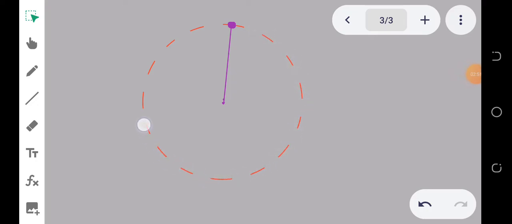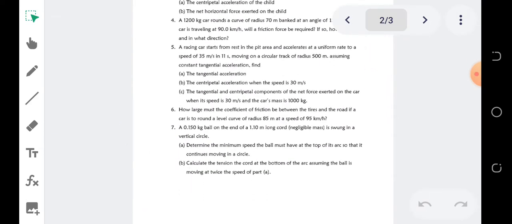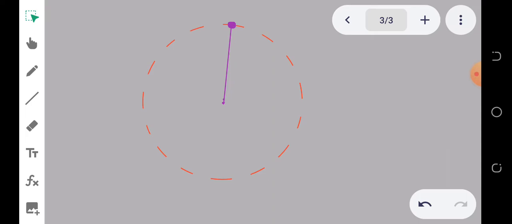That means, due to the centripetal acceleration, the question is trying to say we should determine the minimum speed the ball must have at the top of its arc so that it continues moving in a circle. The minimum speed at the top will be due to the tension force in the string as well as the gravity itself, which will sum up to give the centripetal force.